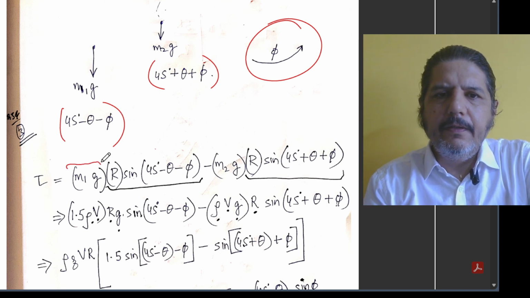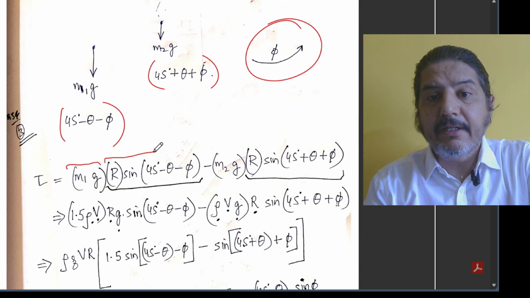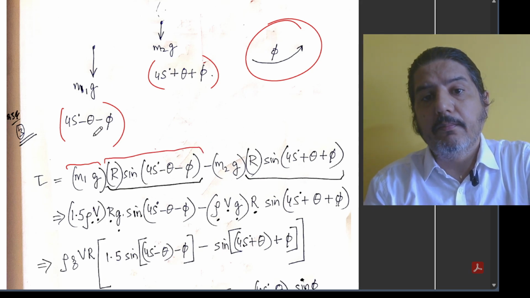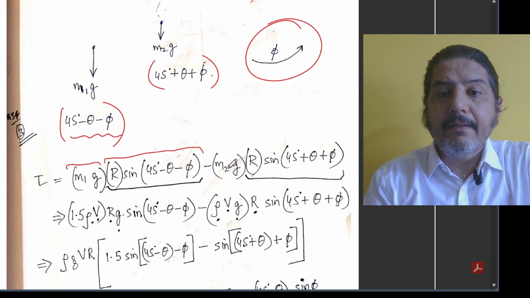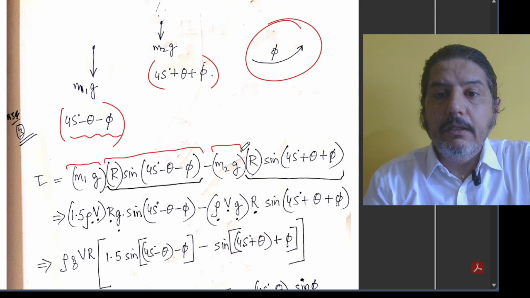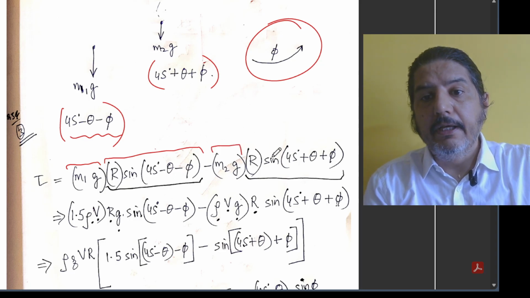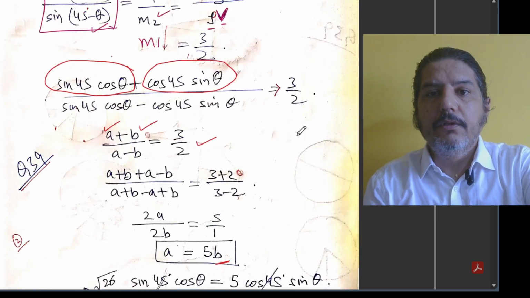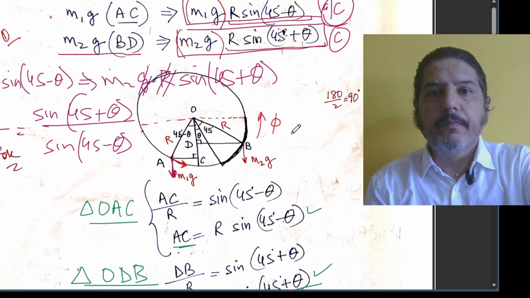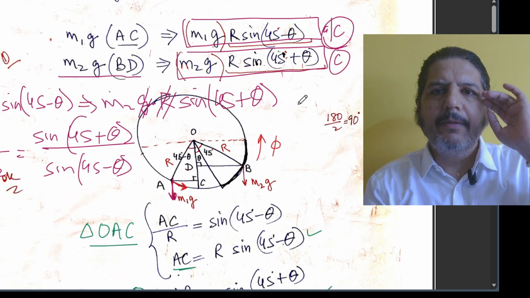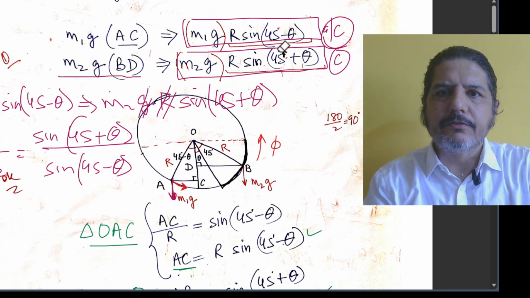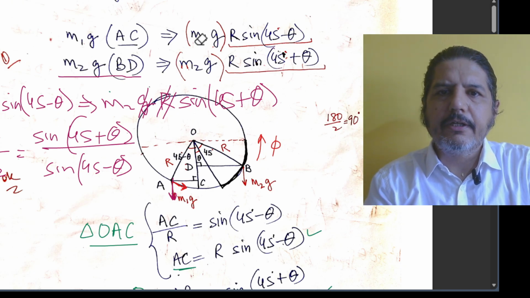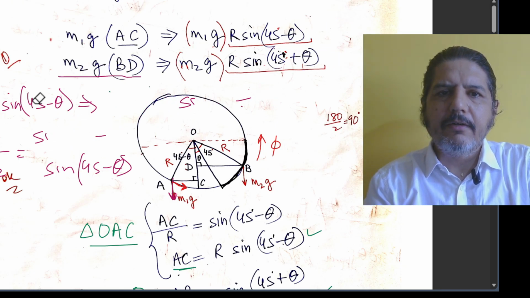but M1G is being multiplied by R sine of 45 minus theta minus phi now, and M2G is being multiplied by R sine of 45 plus theta plus phi. So not a very big change, you just have to change these angles. Basically the rest of the funda will remain the same.